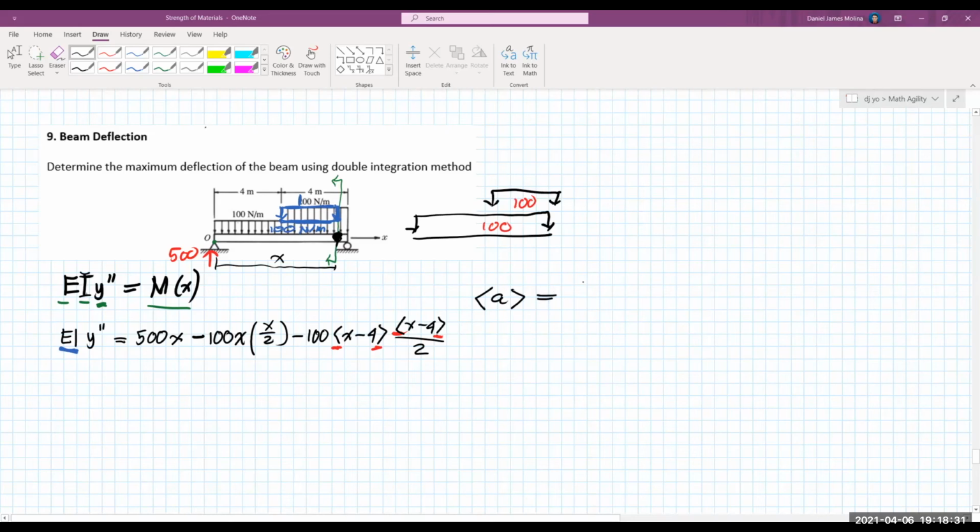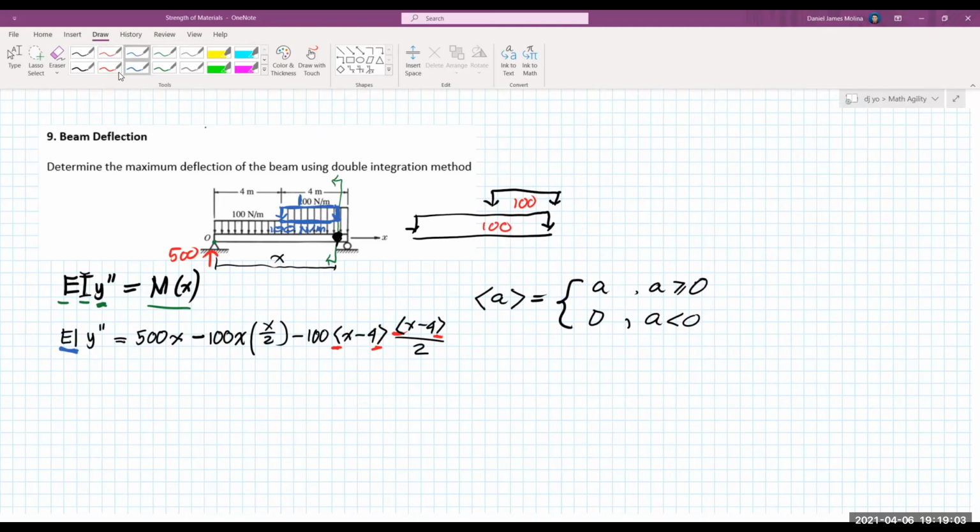This is equal to, it's actually a piecewise equation: a if a is greater than or equal to 0, that is, if a is non-negative, we have the value for a. And then we have 0 if a is less than 0 or negative. So regardless of the value, once the value inside the grouping symbol becomes negative, it will be disregarded.